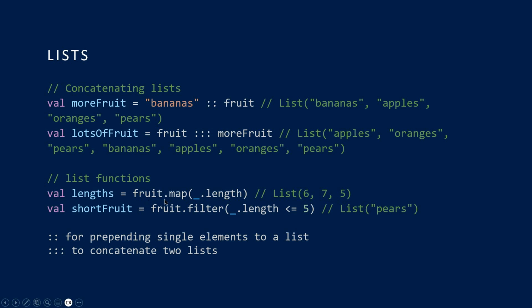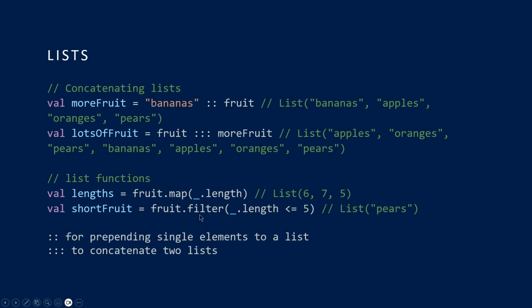We can do list functions where we can create maps of a list. So here what it's doing is going through fruit and working out the lengths and then creating a list which is the lengths of the different values within that fruit.